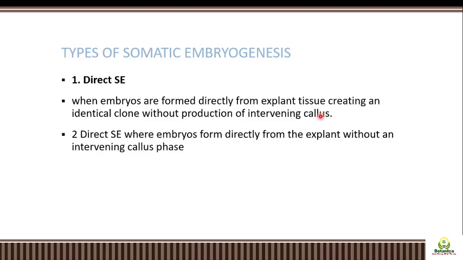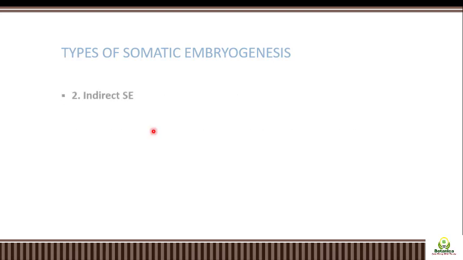The stages found in the embryo, like the torpedo stage and heart stage, are stages of the embryo. But here we are talking about a mass of undifferentiated cells, which is called the callus. There is no callus formation, that's why it is called direct somatic embryogenesis: embryos form directly from the explant without an intervening callus phase. This is the second definition, and both are the same thing.